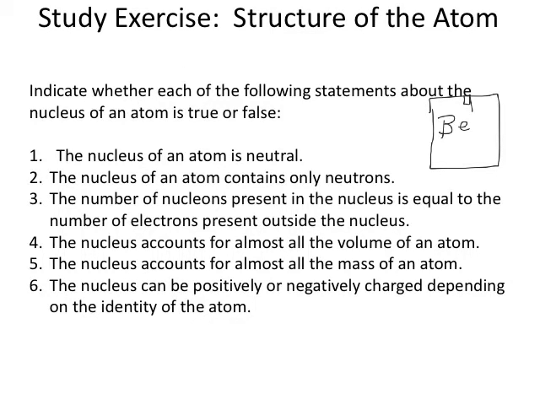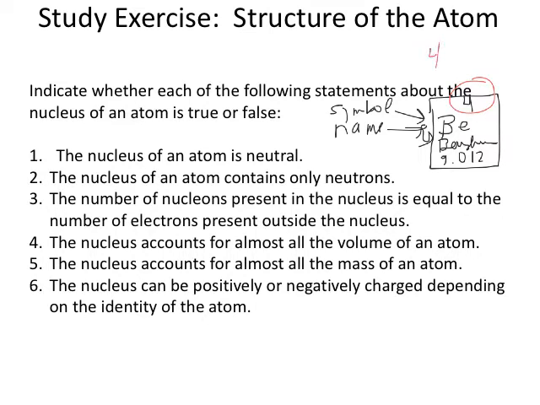Beryllium has a 4 there, and then the word beryllium, and then 9.012. So this is the name, beryllium. Your symbol is Be. And it's important here, this is your atomic number.